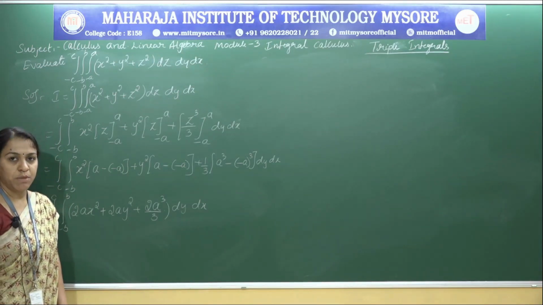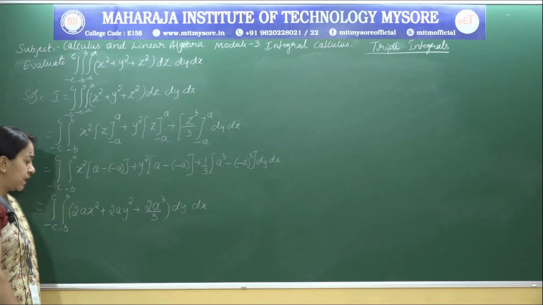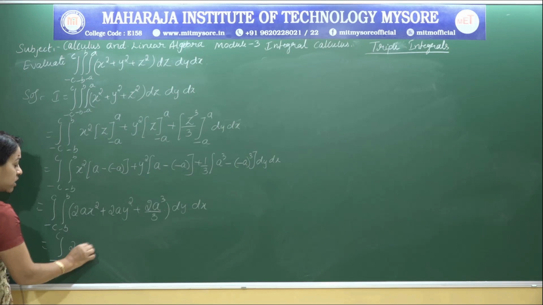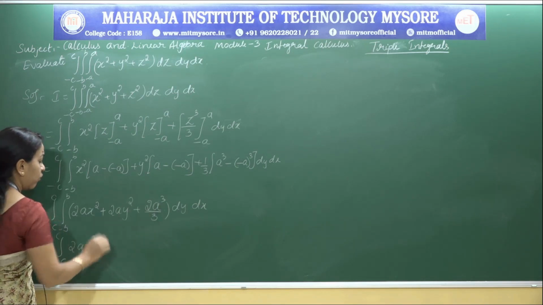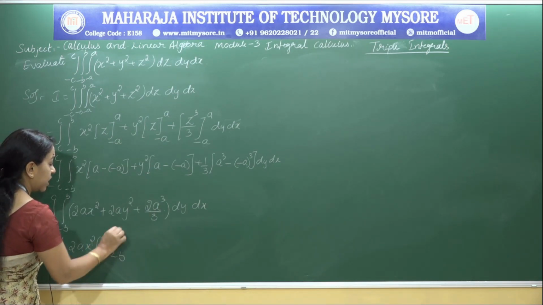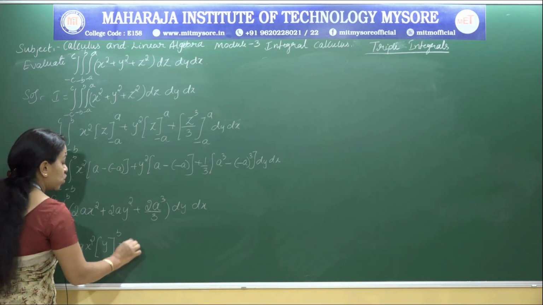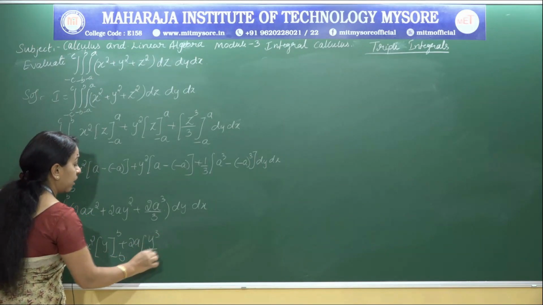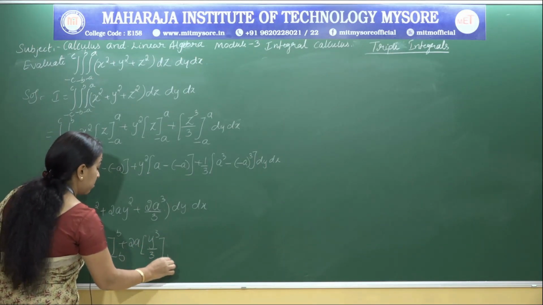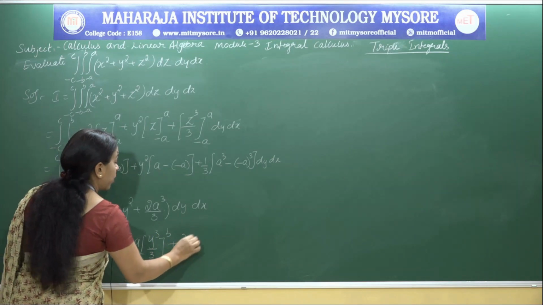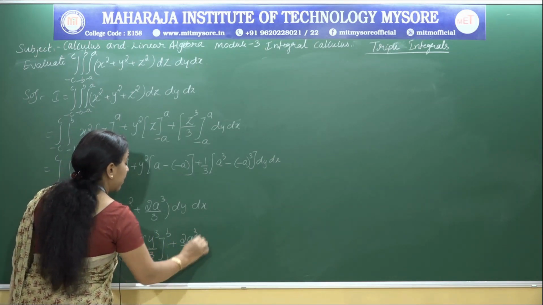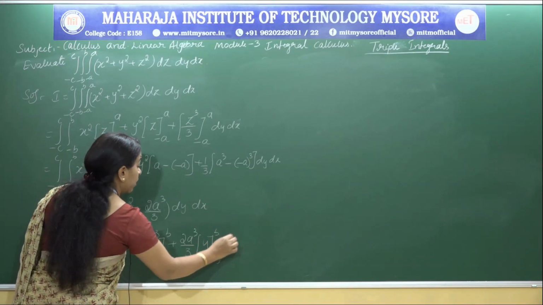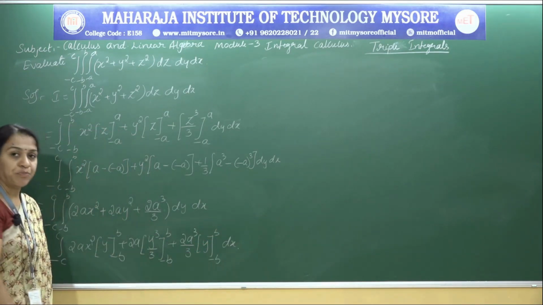Now integrate with respect to y, keeping x constant, that is integral minus c to c, 2a x square constant, integral of dy is y between the limit minus b to b, plus 2a constant, integral of y square is y cube by 3 between the limit minus b to b, plus 2a cube by 3 constant, integral of dy is y between the limit minus b to b, into dx.